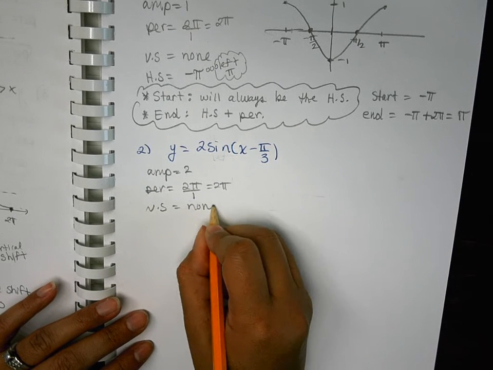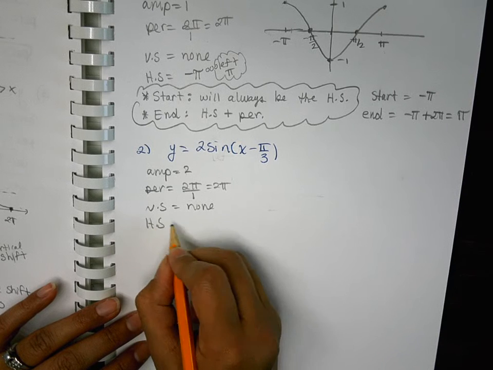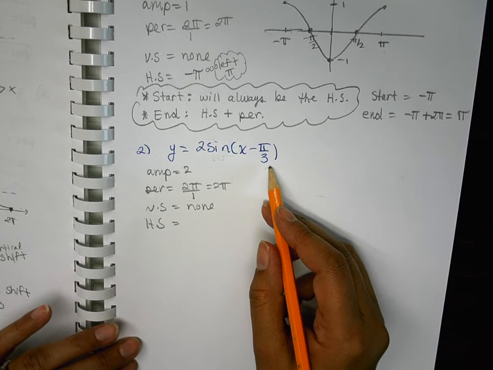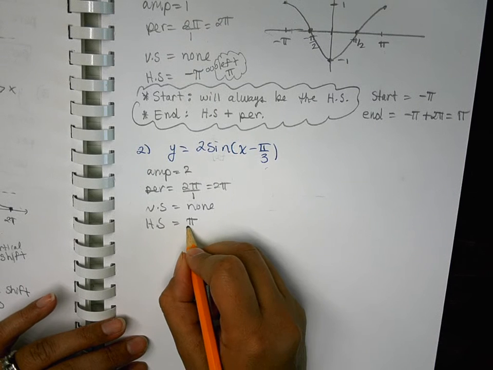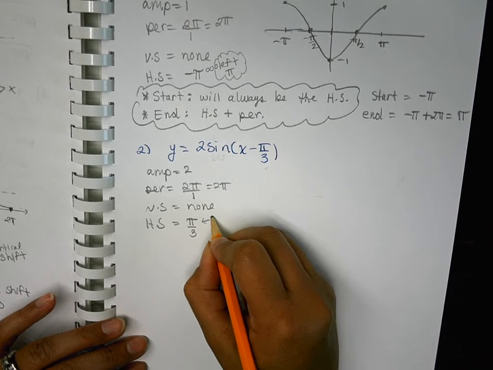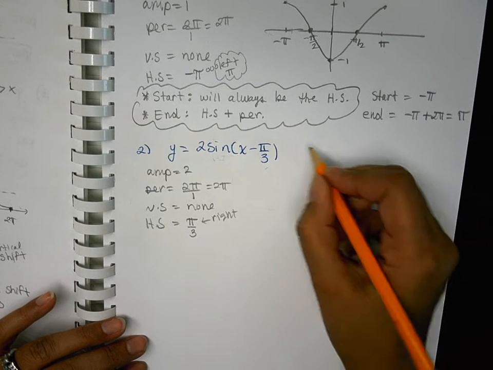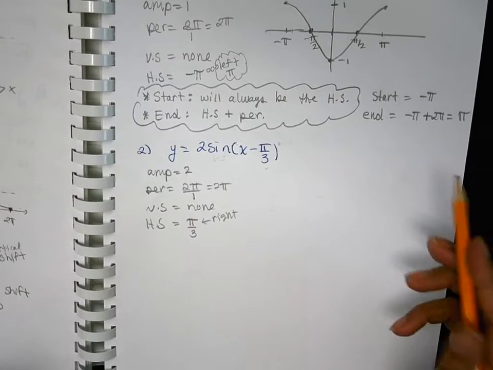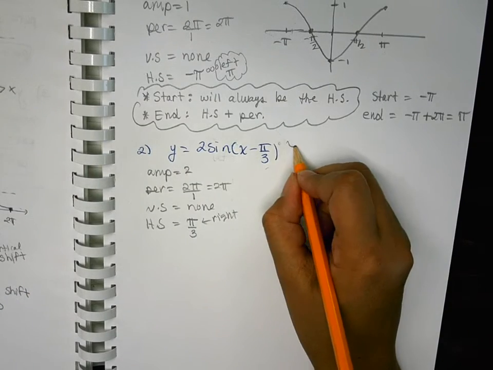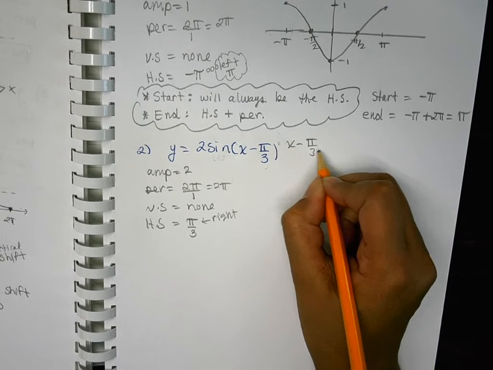Horizontal shift, that one's easy to eyeball. Can anybody just look at it and tell me what it is? Pi over 3. Positive, am I going to the right or to the left? I'm going to put to the right because it's positive. And just really quick, it's easy to do in your head, but when we get to harder ones, how are we doing it? X minus pi over 3 equals 0.